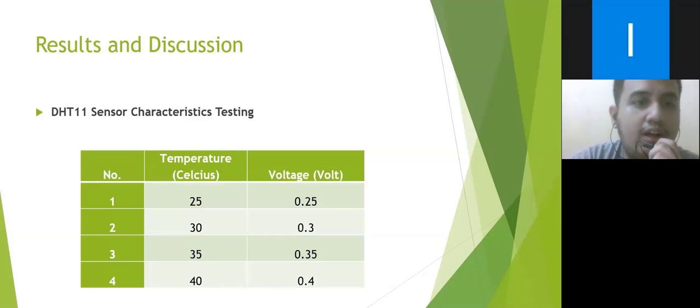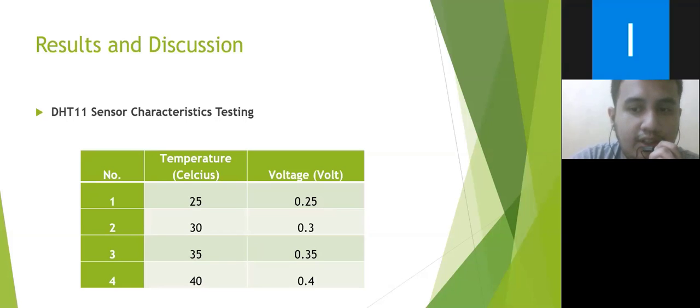Now, I want to tell you the results and discussion. First, the DHT11 sensor characteristic testing. This test is conducted to determine the characteristics of the sensor, where measurements are made using a digital multimeter between the sensor data pin and the ground by applying heat to the sensor.